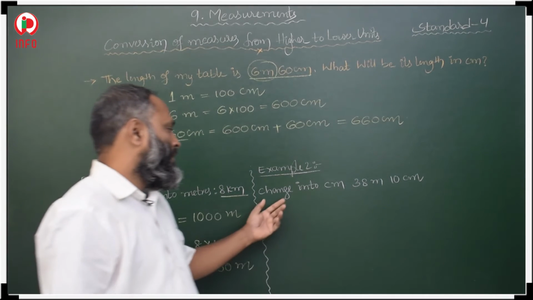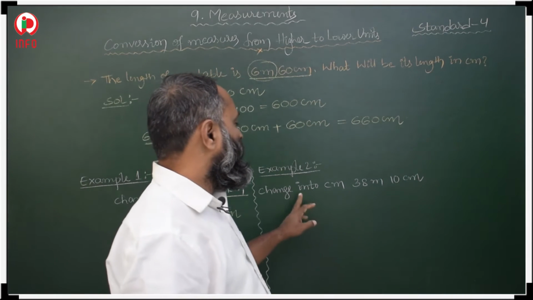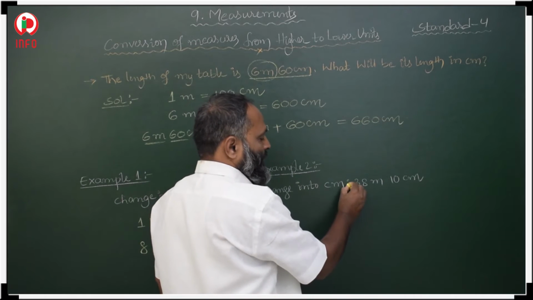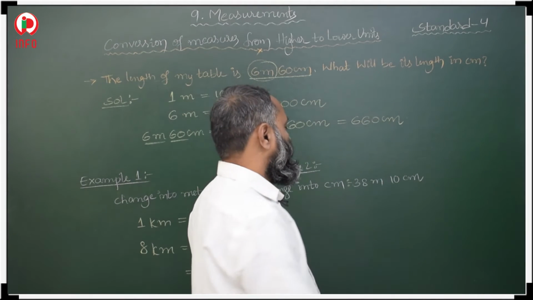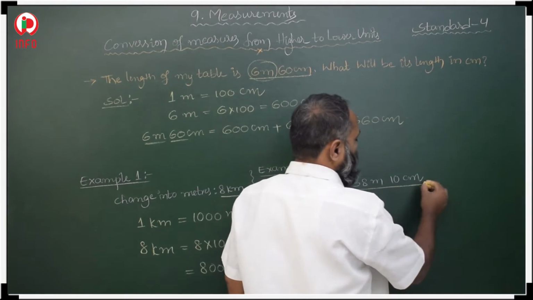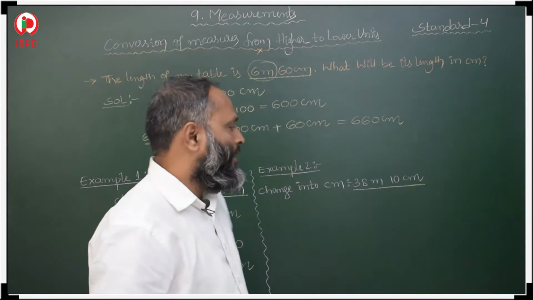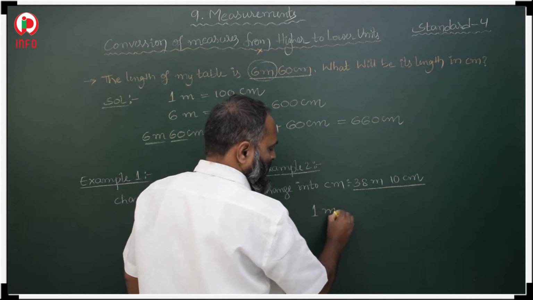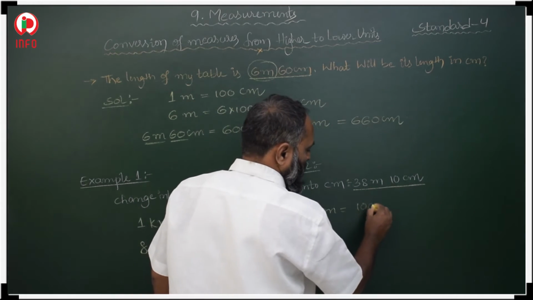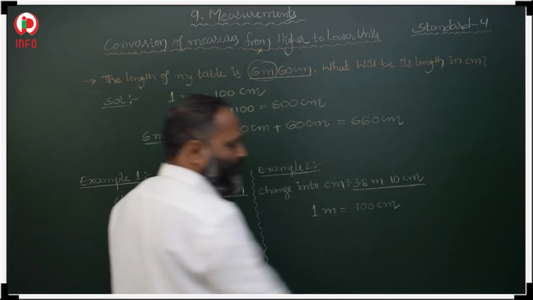The next one, the second example: convert into centimeters. Here we should convert meters into centimeters. What is given here? 38 meters and 10 centimeters. First, 1 meter is equal to 100 centimeters.